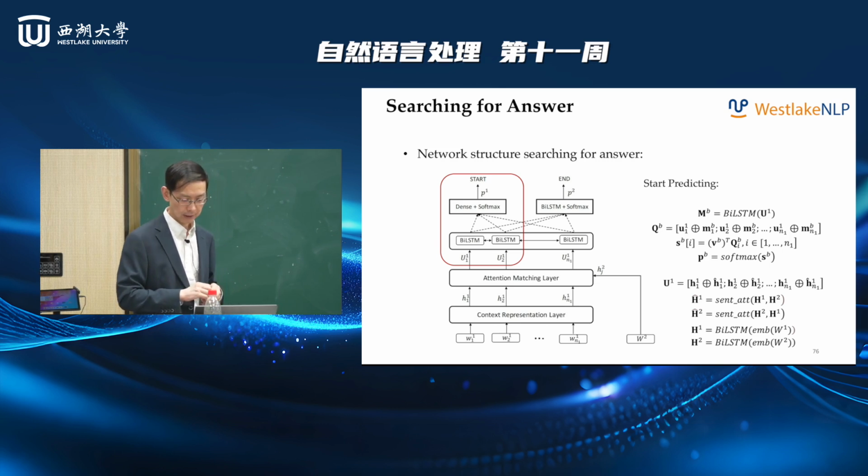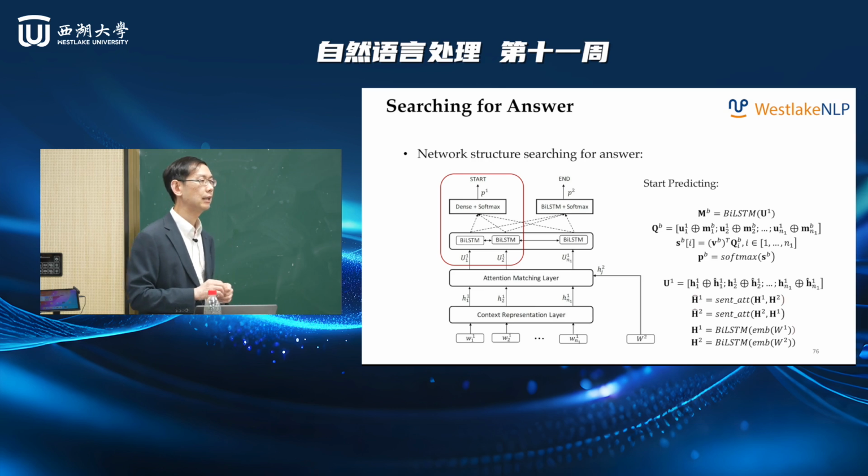span? I first calculate a score for each node by using a model parameter, called vb, to do the dot product with every element in MB. Actually, in QB. What is QB?